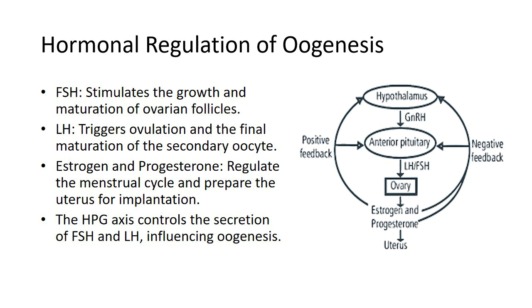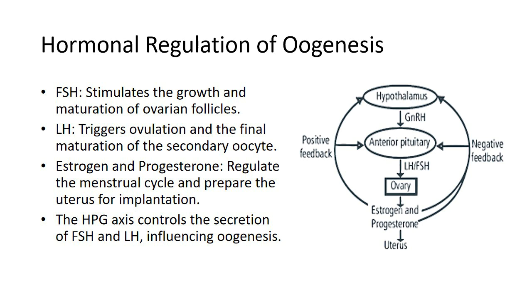FSH stimulates the growth and maturation of ovarian follicles and oocytes. LH triggers ovulation and the final maturation of the secondary oocyte. Estrogen and progesterone are produced by the ovaries.